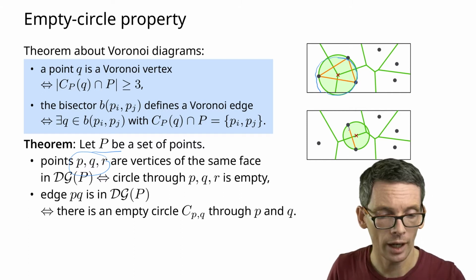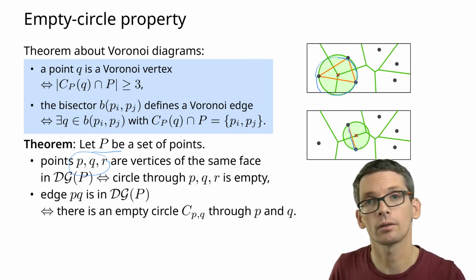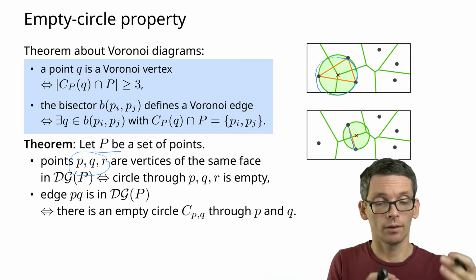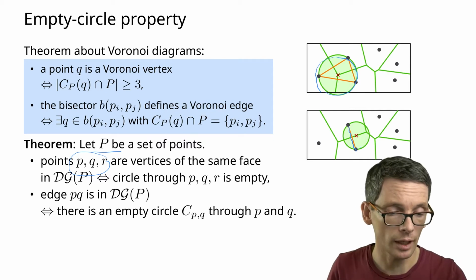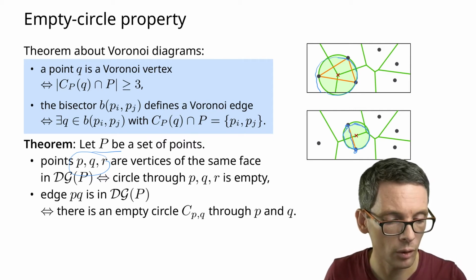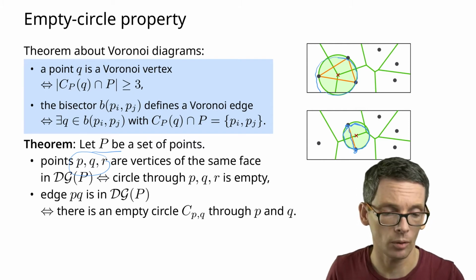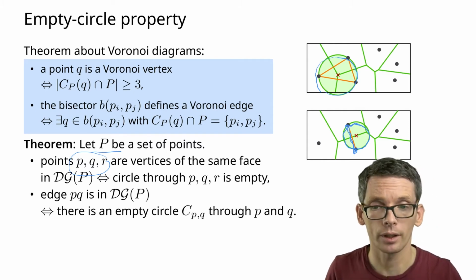Likewise, something is an edge of the Delaunay triangulation if and only if the CP for that Voronoi edge is empty, which stated differently simply says if and only if there is an empty circle with those 2 points on the boundary, this is actually a Delaunay edge.